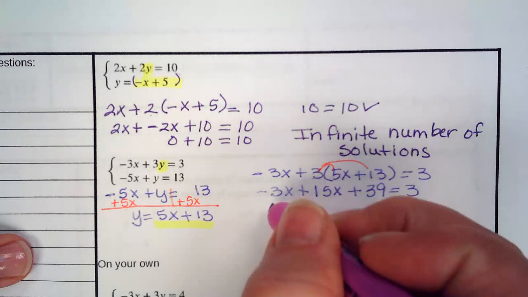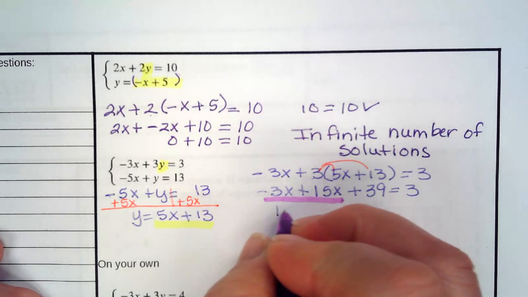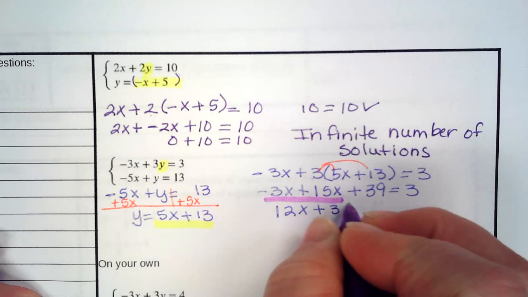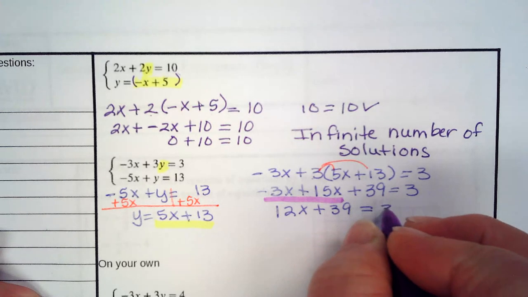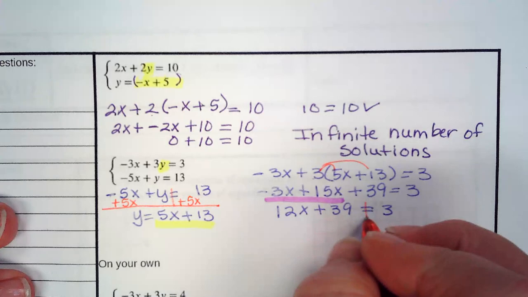We've got negative 3x plus 15x. That gives me 12x plus 39 is equal to 3. Now I can solve for x.